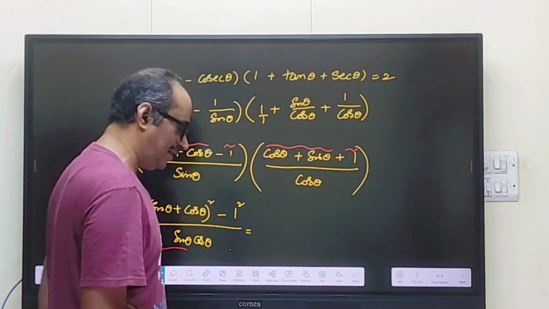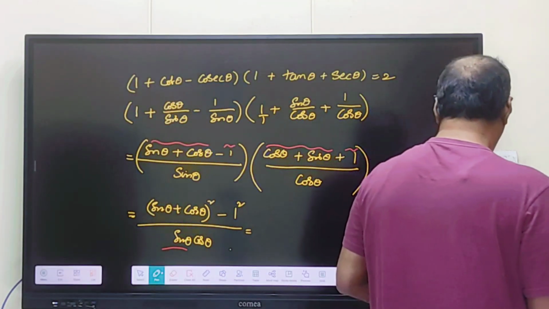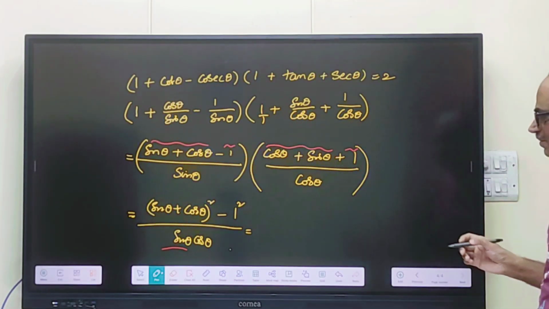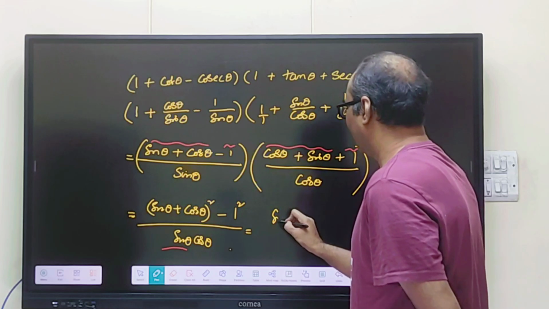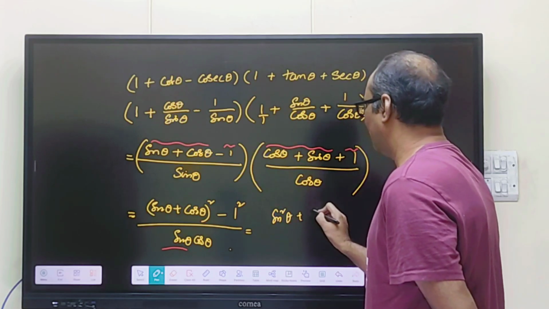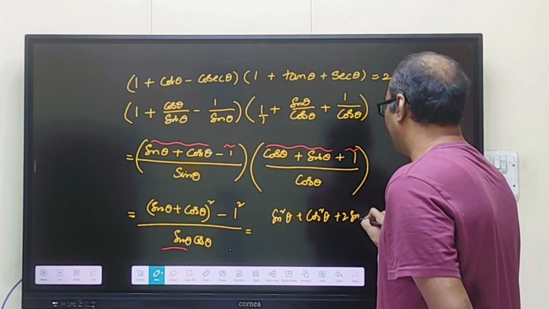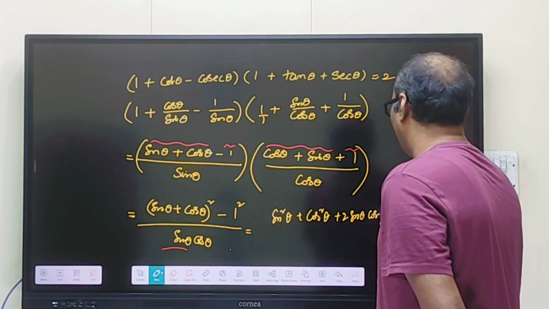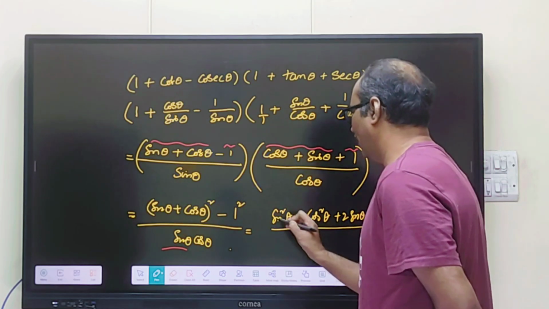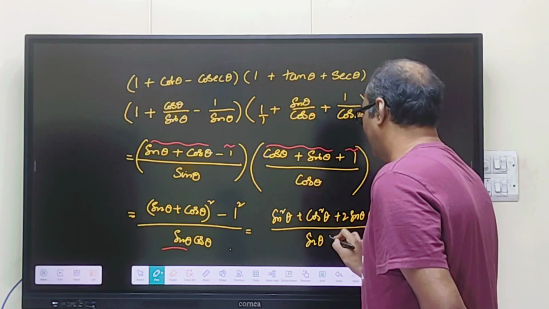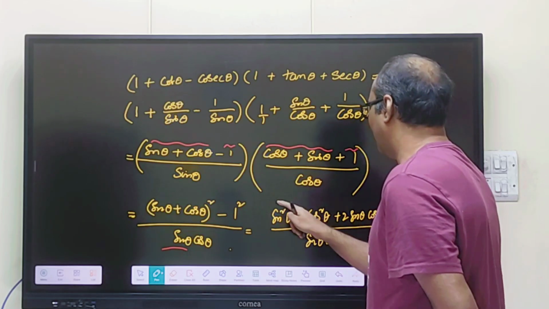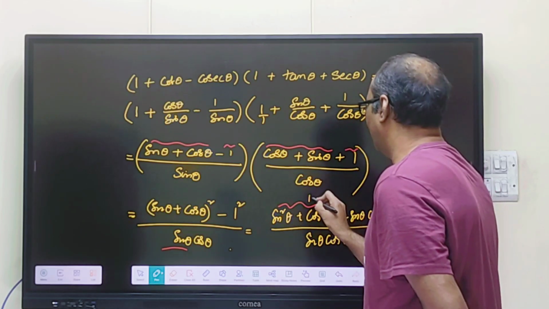Now we know the identity a plus b whole square is a square plus 2ab plus b square. So I can write sin square theta plus cos square theta plus 2 sin theta cos theta minus 1 divided by sin theta cos theta. Now we know that sin square theta plus cos square theta is 1.